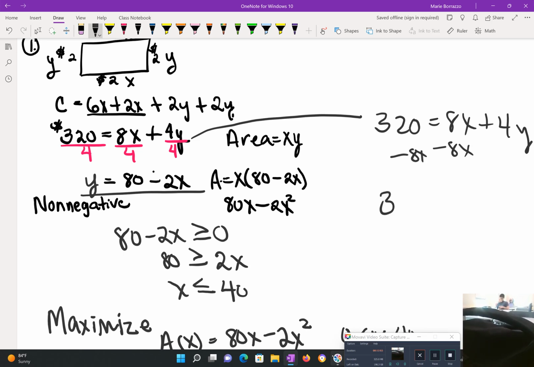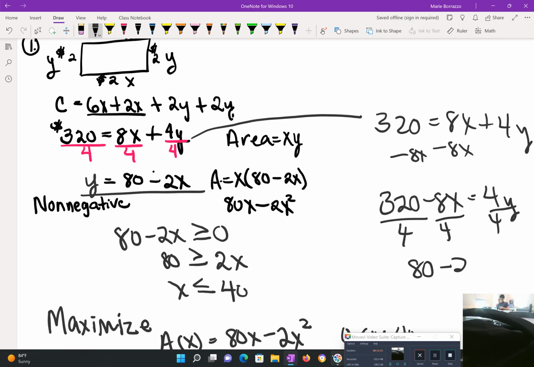So I really have 320 minus 8x is equal to 4y, and then I divided by 4 in all three terms, and this became 80 minus 2x equals y. That's where it came from. Sometimes when I'm writing, I just transferred it as a plus.